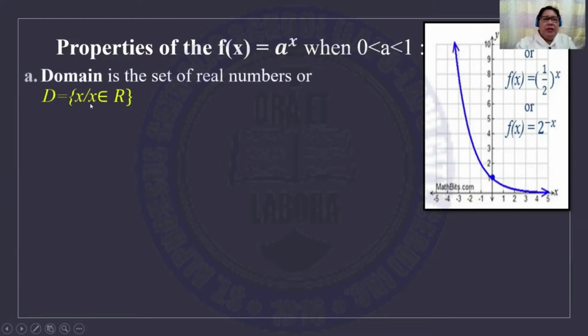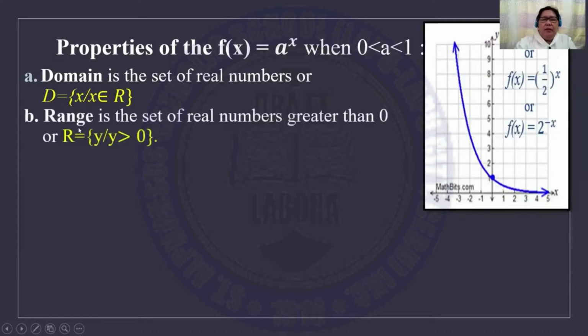First property, the domain is the set of real numbers, or D is equal to the set of x such that x is an element of real numbers. The range is the set of real numbers greater than 0, or R is equal to the set of y such that y is greater than 0.